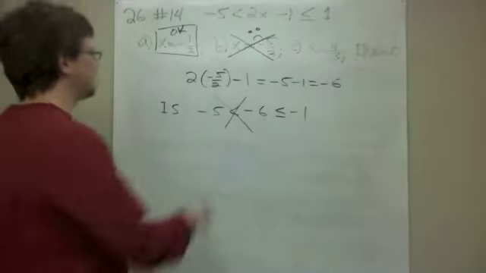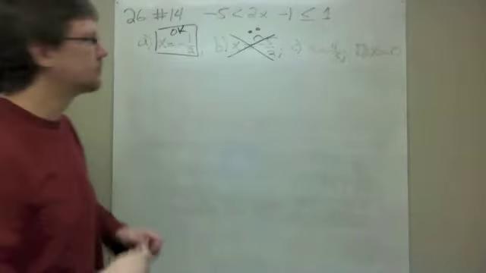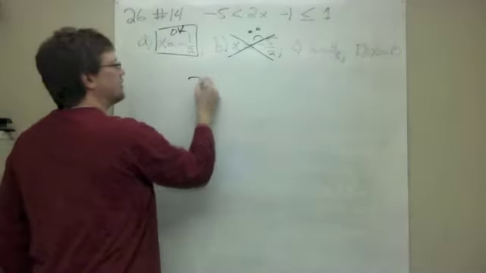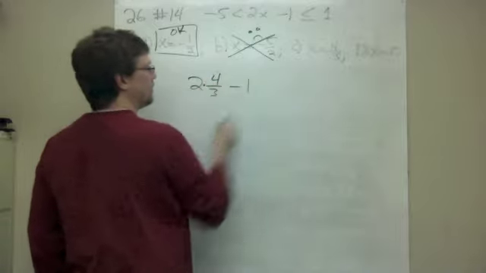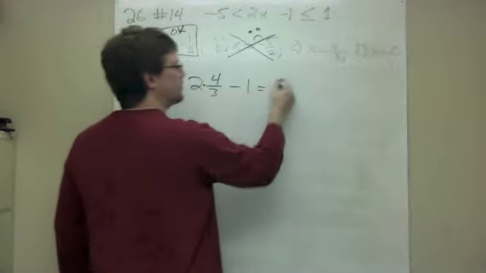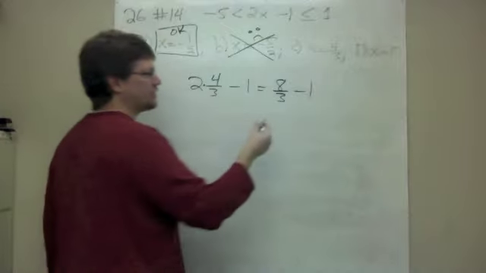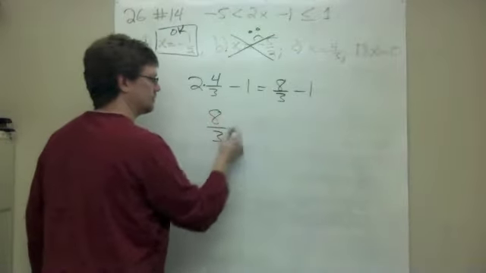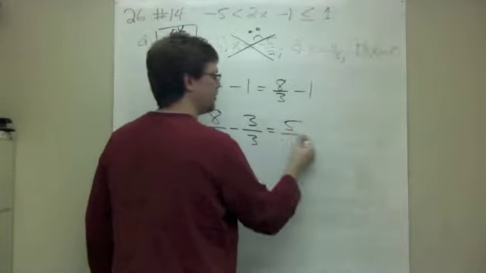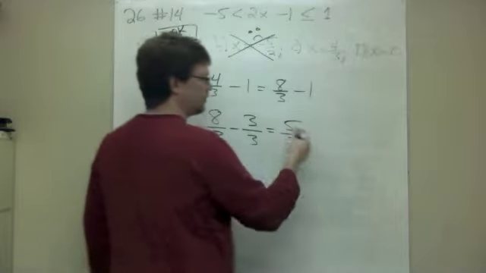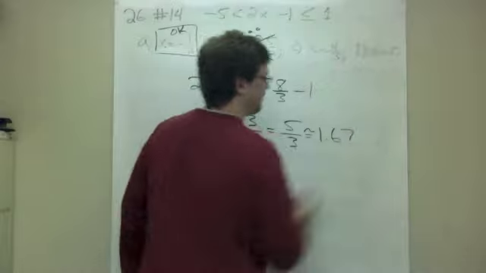Let's check the next one. x is equal to 4/3. All right, so we'll get 2 times 4/3 minus 1. 2 times 4/3 is 8/3, minus 1 is minus 3/3. 8 minus 3 is 5, so that's 5/3, which is about 1.67.